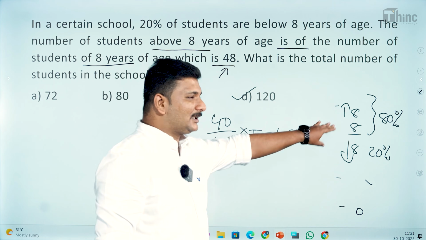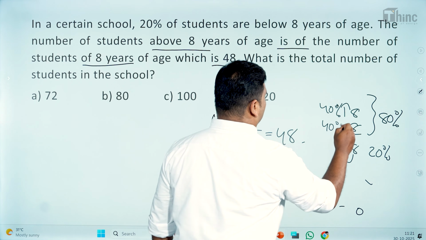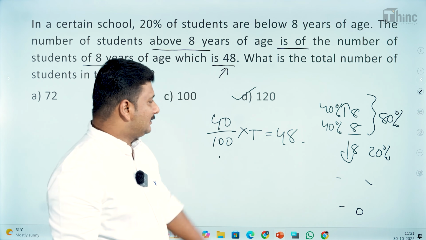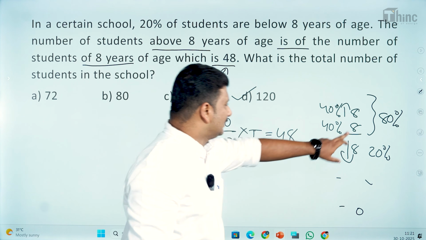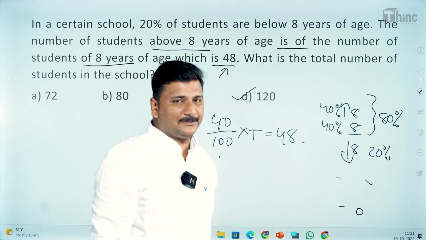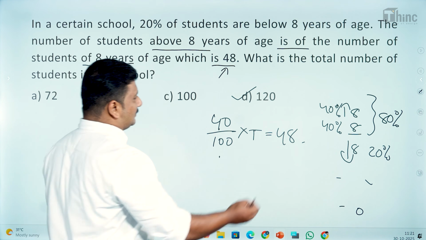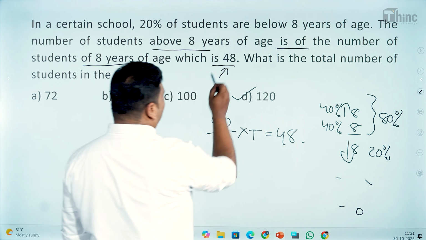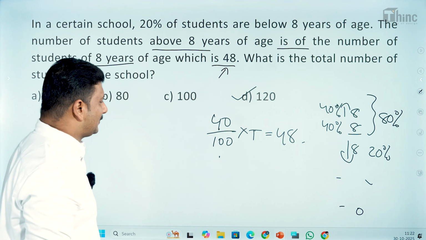And since each of them are the same, each of them will be 40%, 40% each. Am I right? So below 8 is 20, at the age of 8 and above 8 is same according to the question. And together is 80, means each of them will be 40, 40 each. And at the age of 8 is 48, above 8 is also 48. So each of them is 48, so 40% of the total is nothing but 48.